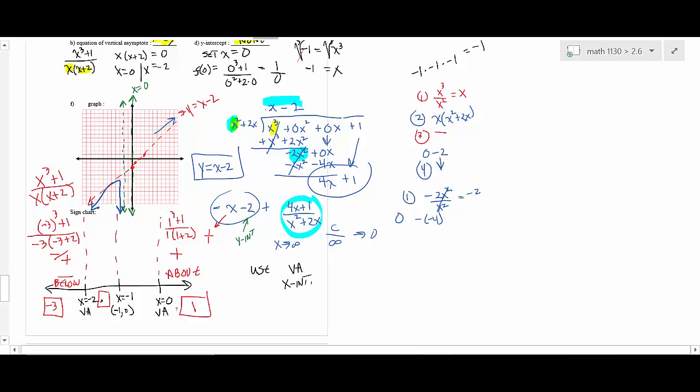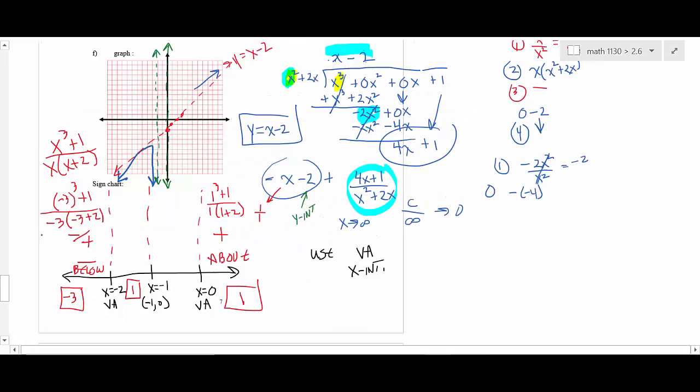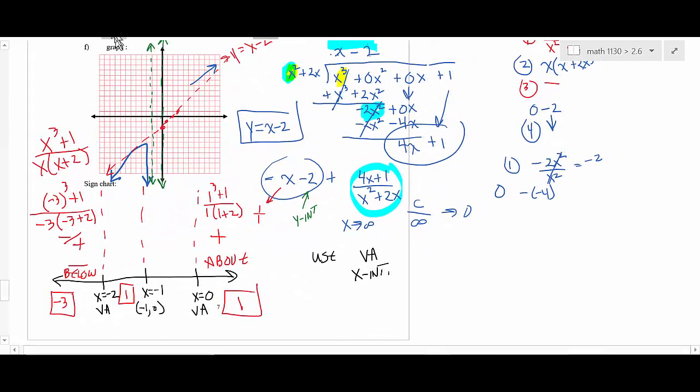So let's finish up with a couple of points here. Let's take negative 1.5. Let me zoom in on this a little bit. Let's use a test point in here and do the same thing. If we plug in negative 1.5, we'd have negative 1.5 to the third plus 1, over negative 1.5 times negative 1.5 plus 2.